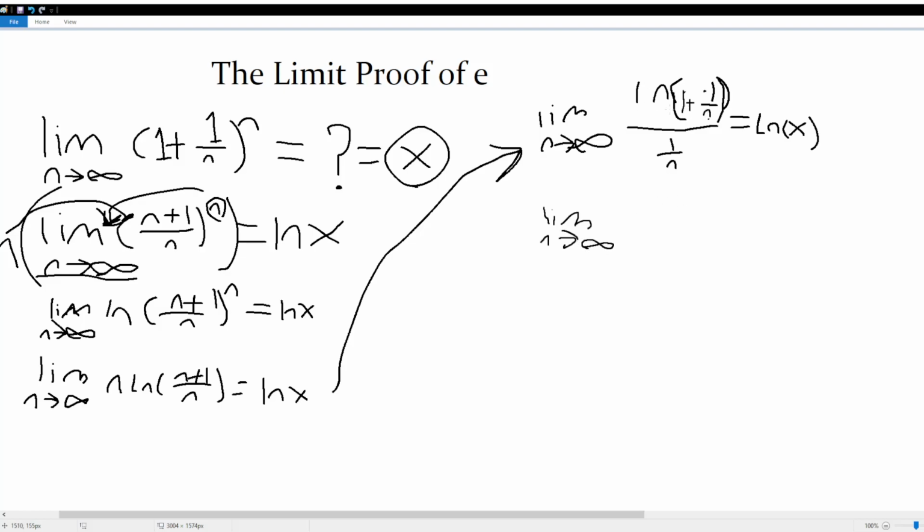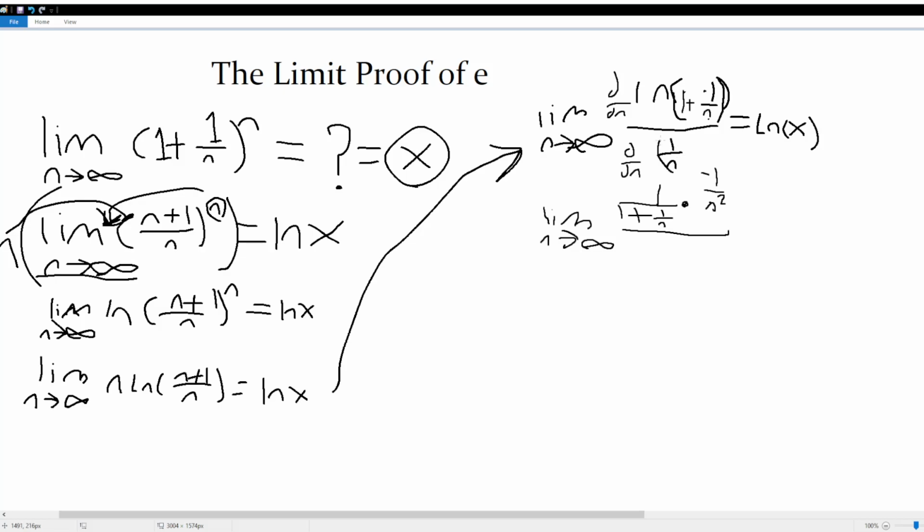Well, what's the derivative of this, right? So we're going to take the derivative of this and the derivative of this. What is the derivative of this? Well, it's going to be 1 over 1 plus 1 over n times the inside derivative, which is going to be, since 1 is a constant, 0 plus the derivative of 1 over n, which is negative 1 over n squared.